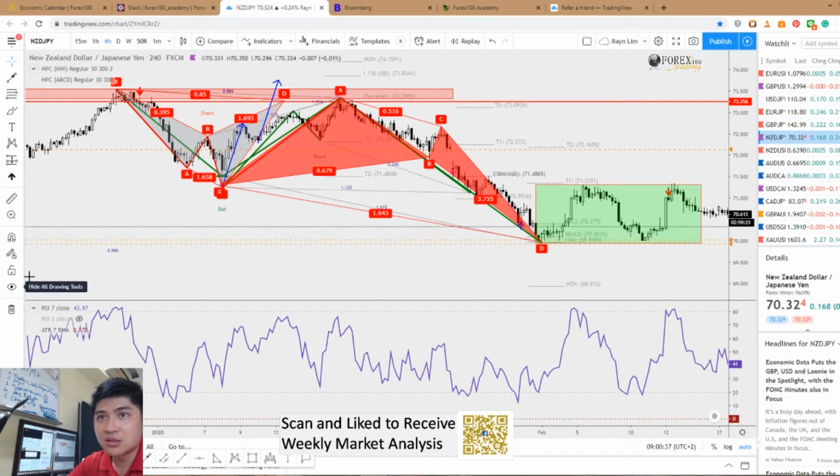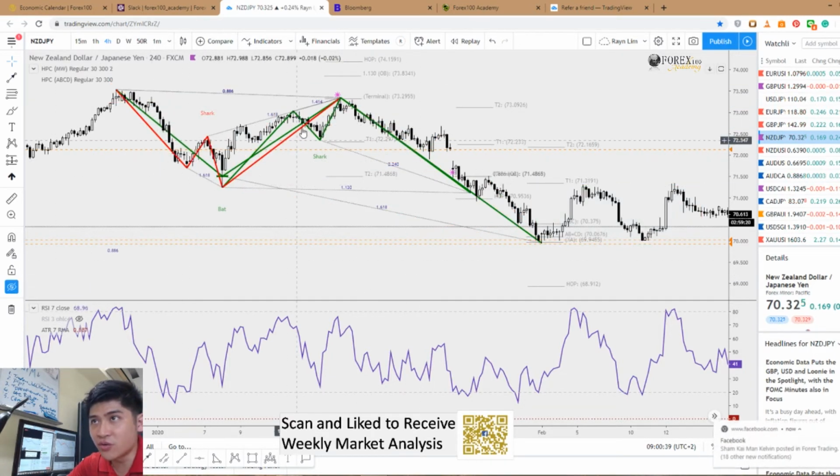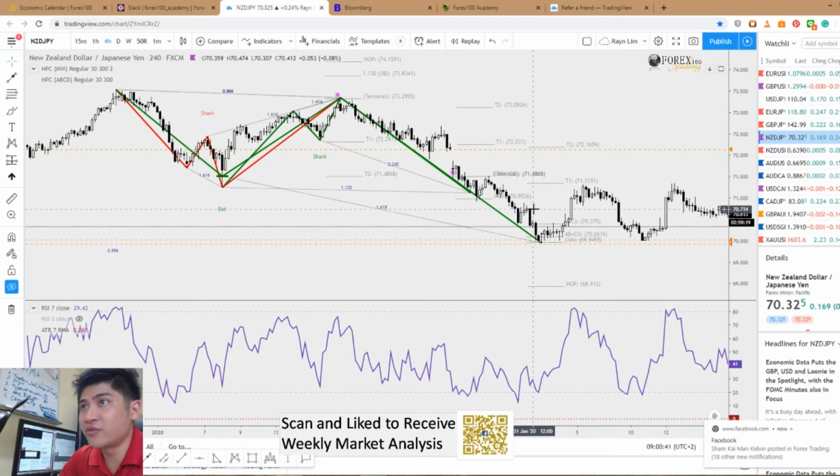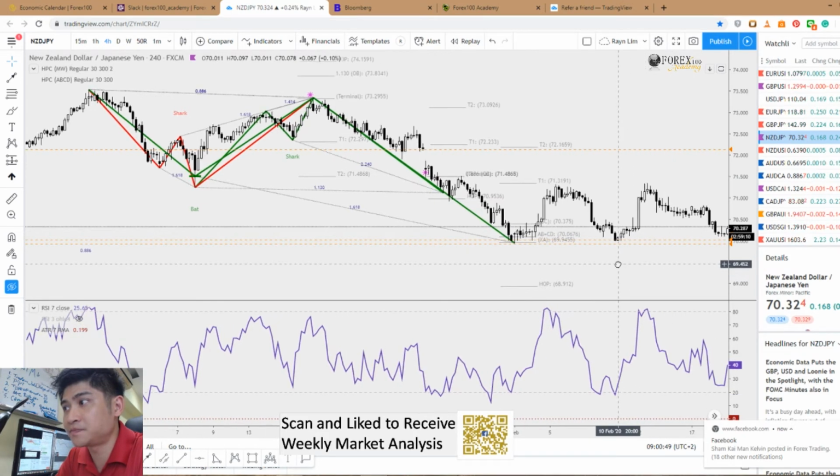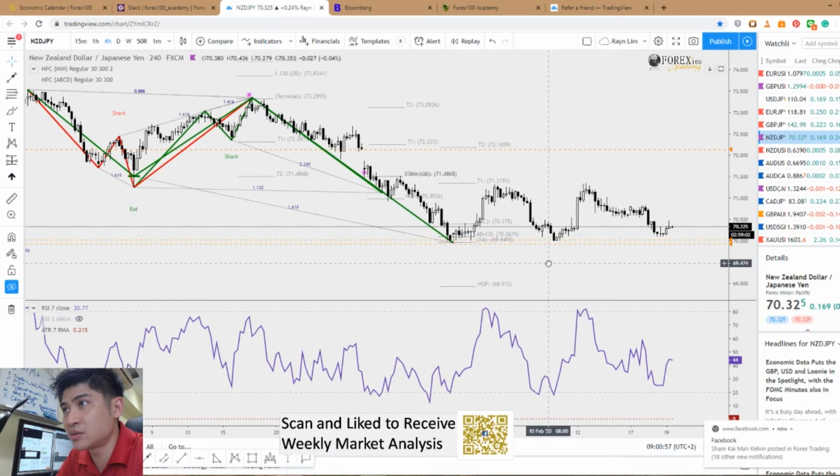All right, because of this overlapping, it's not very clear on my end, but from the calculation and whatsoever, it looks very much like a crab pattern. All right, so I'll feedback this later to the programmer.